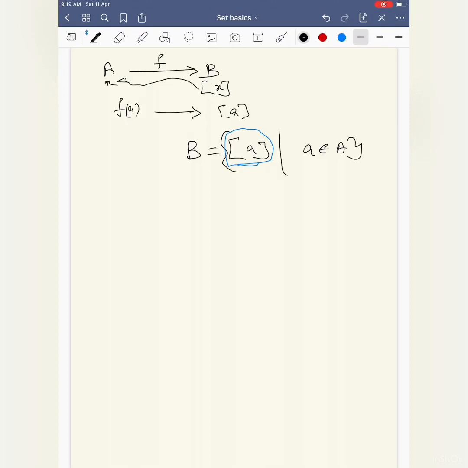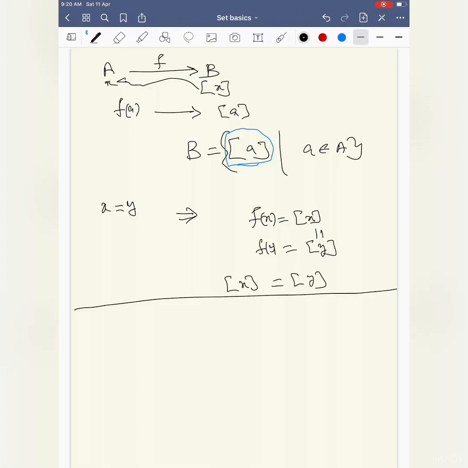So this is a well-defined surjective function.